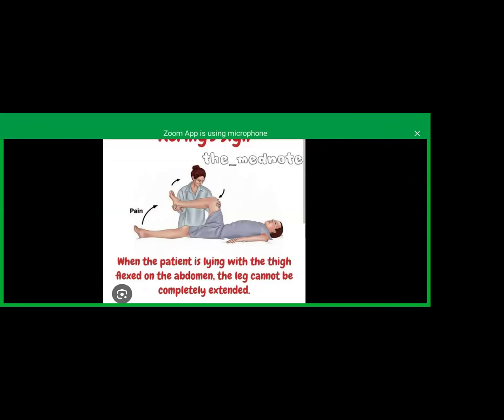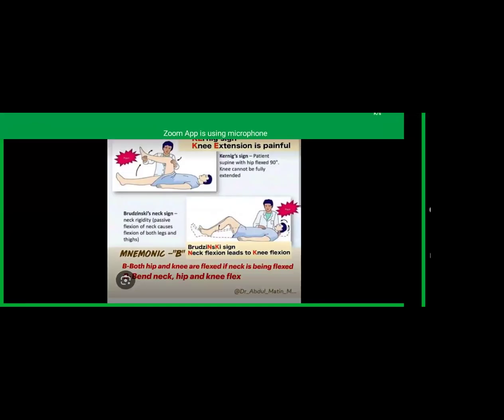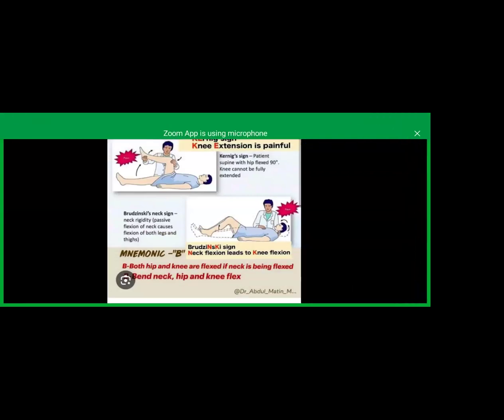Why? Because of pain as well. The patient will feel pain and will resist you extending the knee. So you will not be able to get a full straight knee. The knee will continue bent. So when you have that, we say that the Koenig sign is positive.